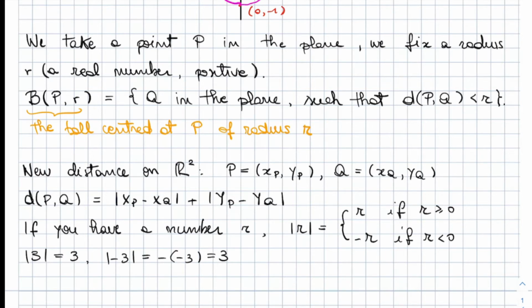Now, this metric, or distance, is also called the taxi metric.